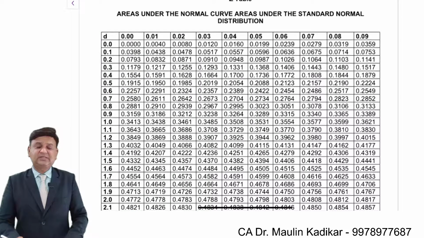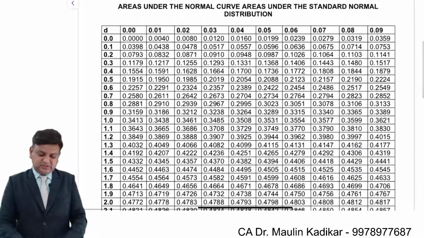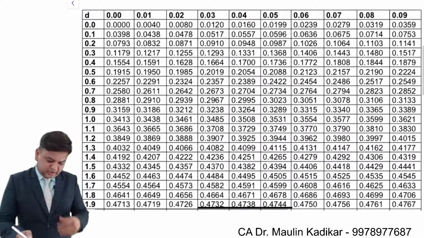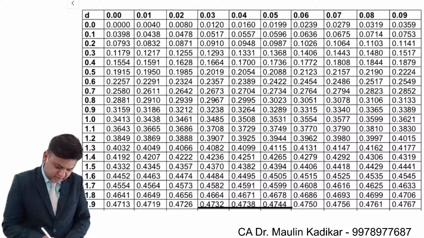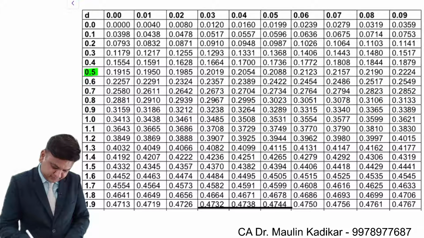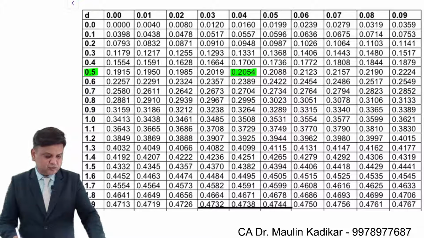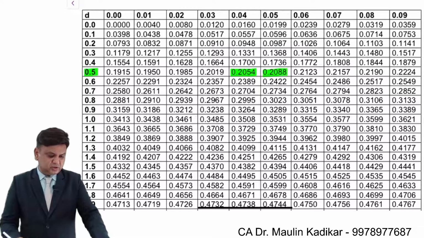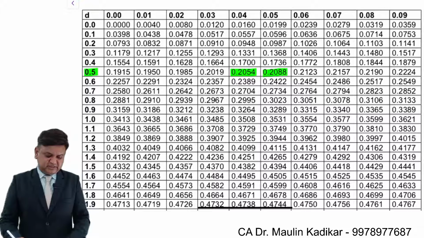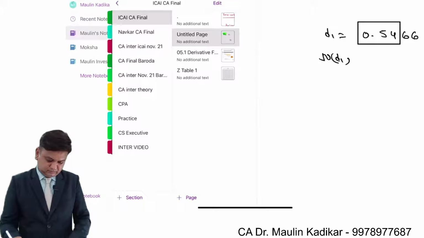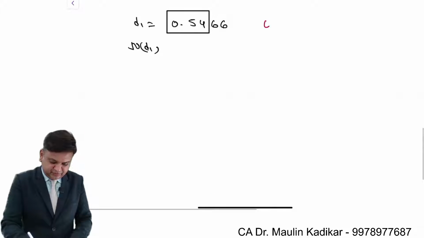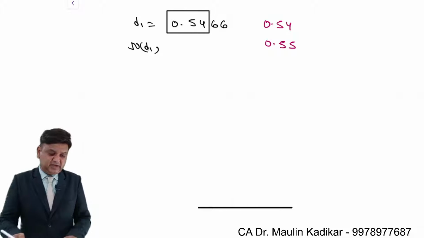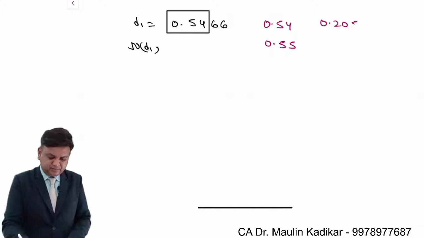Because the Z table would be provided to us up to 2 digits. So 0.54 and then 0.55. For 0.54 the reading is 0.2054 and for 0.55 it is 0.2088.